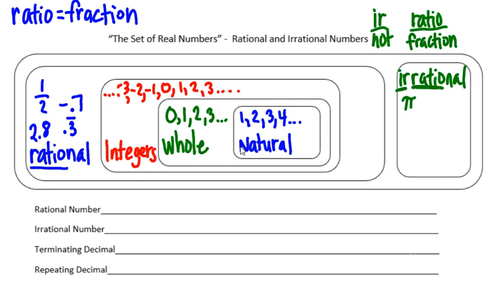So that is what we're talking about when we talk about irrational numbers. Numbers whose decimal expansion goes on forever, we call that non-terminating, which means it doesn't stop, and it doesn't repeat. We call that non-repeating. So non-terminating, non-repeating decimals are irrational, but there are other ways to write them. So pi is irrational. The square root of a number that's not a perfect square, like 2, is irrational.